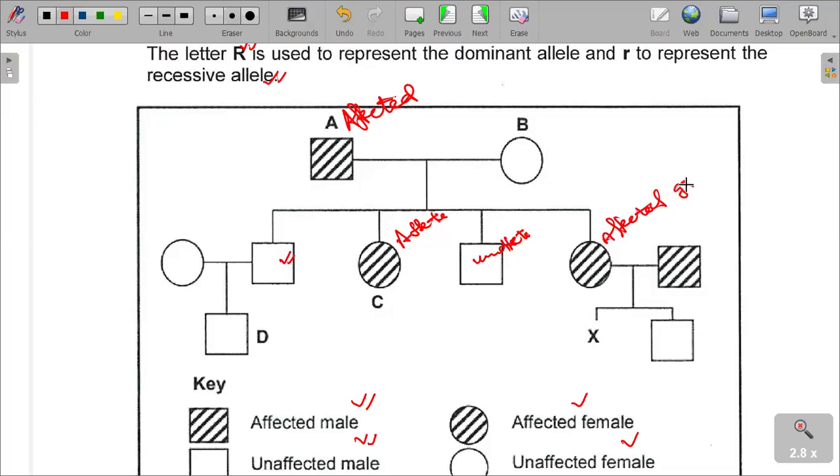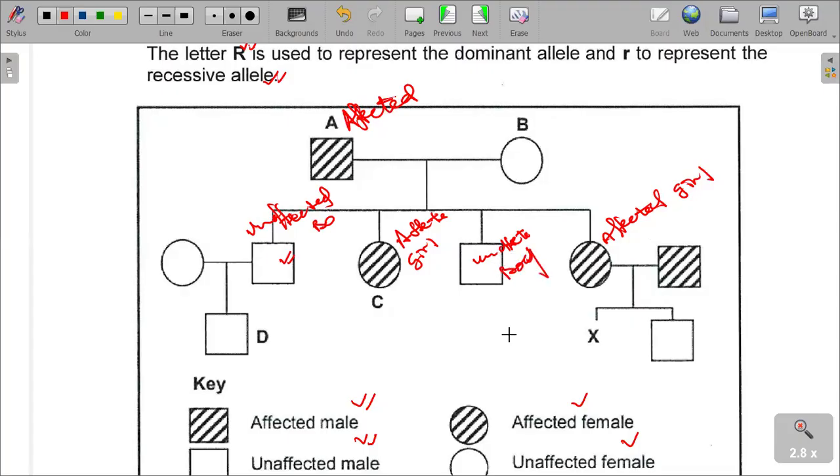This one is an unaffected boy, the same as this one, an unaffected boy.